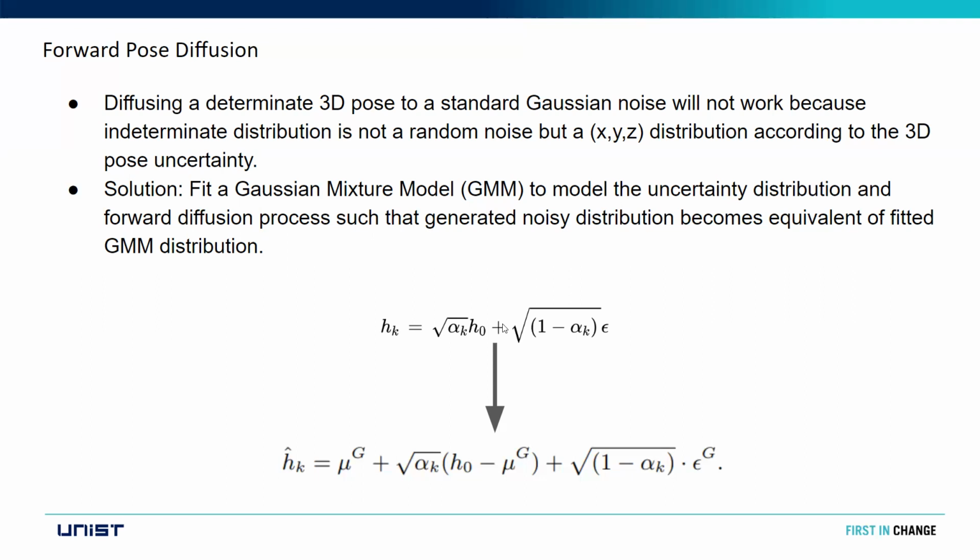So basically the formula that I showed before, the standard formula for diffusion, becomes like this, where these G's are the ones coming from the Gaussian mixture model. So this is the mean according to this Gaussian mixture model, and the noise according to the Gaussian mixture model.